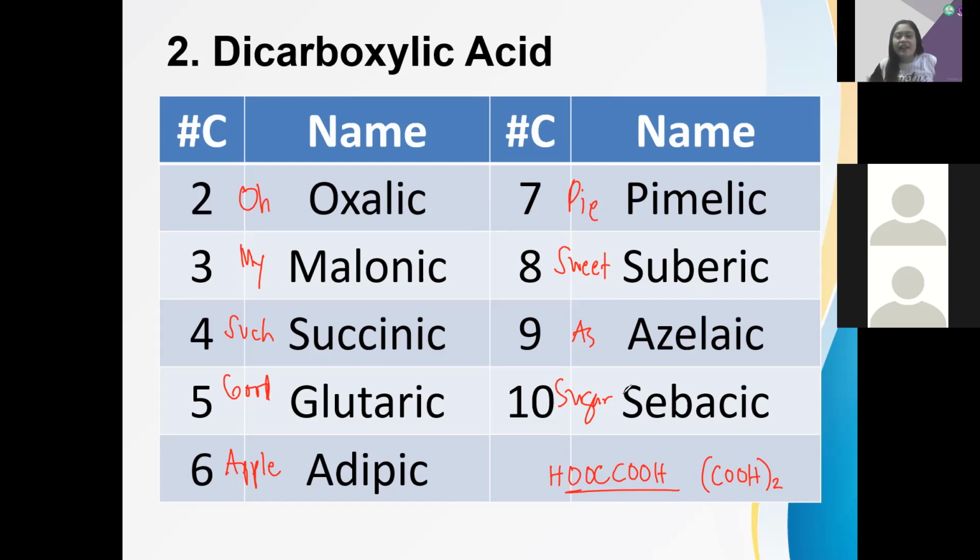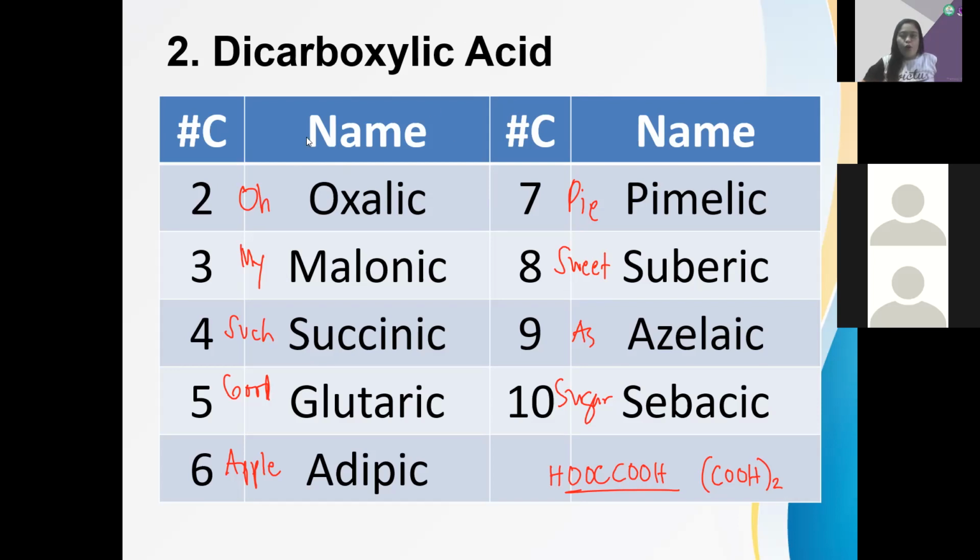Just to remember the first letters for each name of the dicarboxylic acid. So like pag tatlong carbons na dicarboxylic acid, that's malonic, succinic, glutaric, adipic, pimelic, suberic, azelaic, and sebacic acid. Again, just add the word acids sa kanilang name.